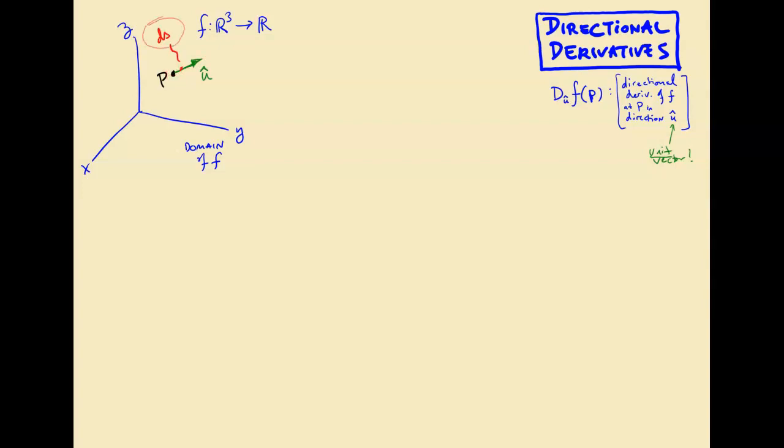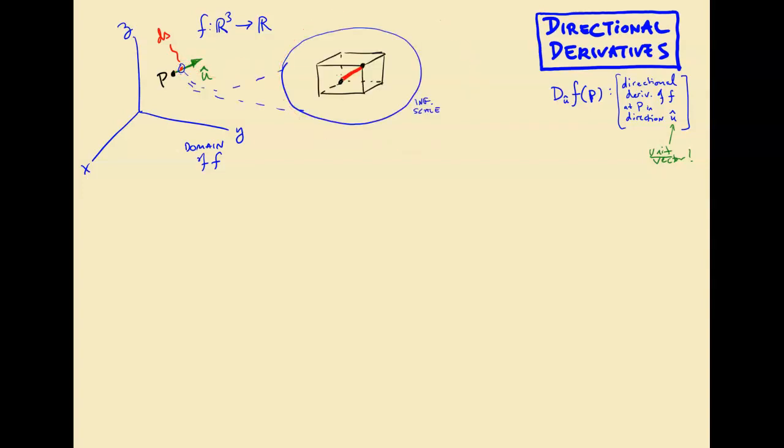Well, let's let ds represent a little infinitesimal length along that unit vector. Now let me try to blow that up so I can get a feel for what ds is. Ultimately, I'd like to get ds in terms of dx, dy, and dz. So if I imagine blowing that up, I might get something like this. It changes by a little infinitesimal amount of x, an infinitesimal amount of y, and an infinitesimal amount of z. So on the edges of this little box, I will write dx, dy, and dz.